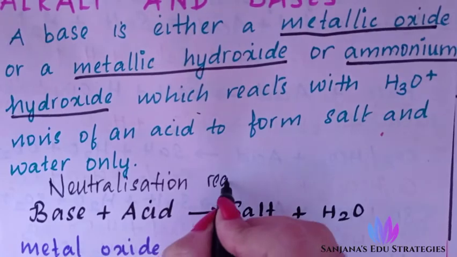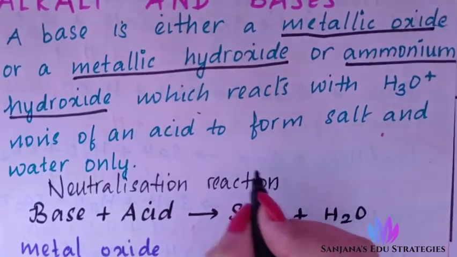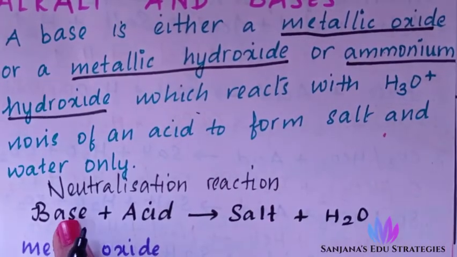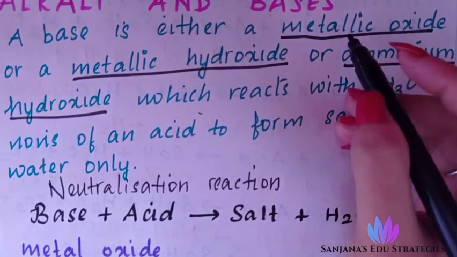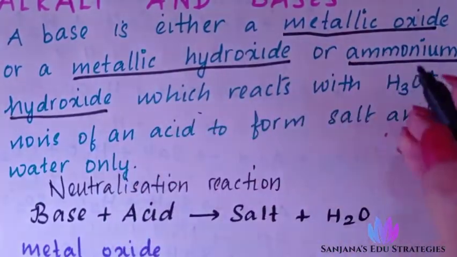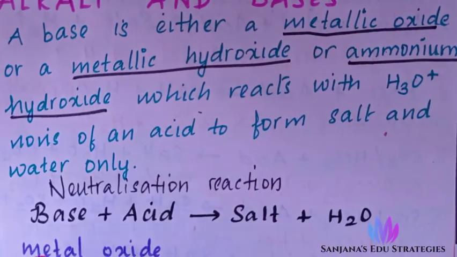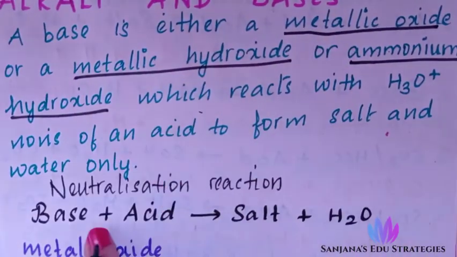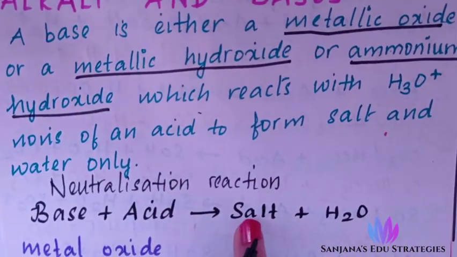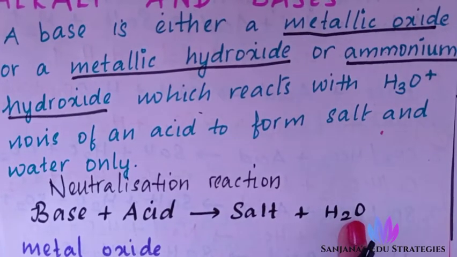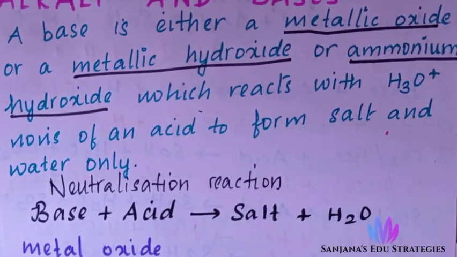Meaning a base, let it be a metal oxide, a metallic hydroxide, or ammonium hydroxide, when any of these three reacts with acid, it forms salt and water. That is said to be a base.